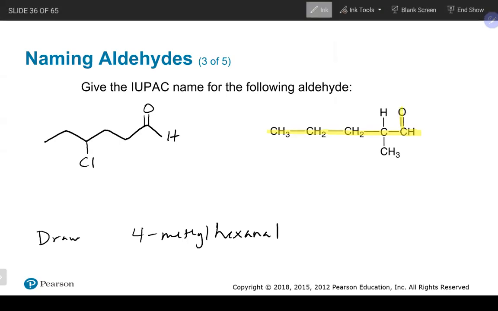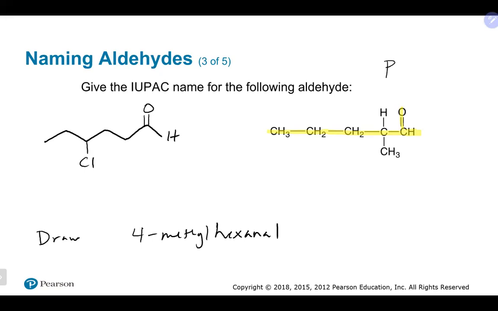So 5 carbons is based off of pentane because it has the aldehyde group. Pentanal, al. You do not need to give the location of that carbon oxygen double bond, but it will be carbon number 1, which means my methyl group is at carbon number 2, and this would be 2-methylpentanal, al at the end. Any questions on that one there?